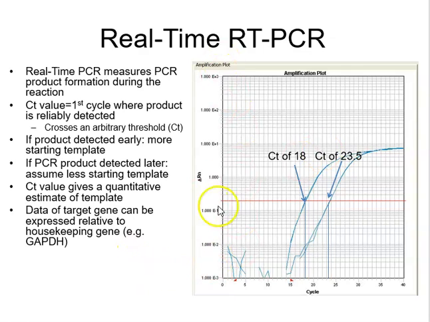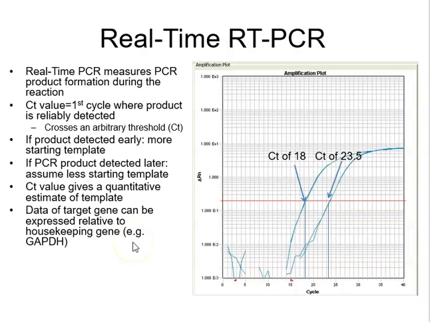And this is a logarithmic scale, this is a linear cycle scale, and then we draw an arbitrary line across and draw a line down, and that is the CT value. That's the first cycle for which fluorescence reached an arbitrary threshold. So this is a CT of 18, this is a CT of 23.5, and that tells us that is related to how much of the transcript was present that we are trying to detect with our specific primers.